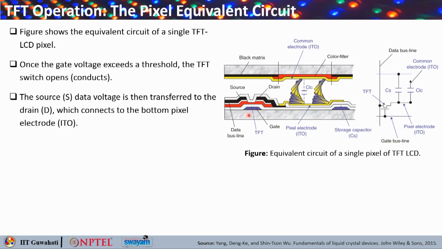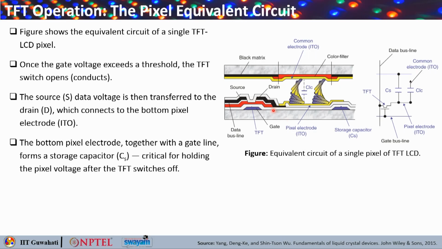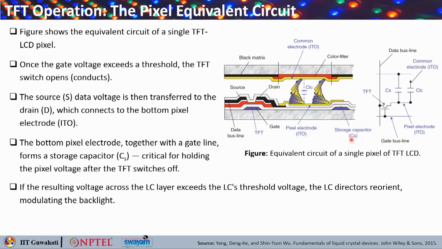So in that case what happens, the source data voltage is then transferred to the drain, which basically connects the bottom pixel electrode, right. So now the bottom pixel electrode together with the gate line basically forms a storage capacitor which is modeled as CS, and that is basically critical for holding the pixel voltage after the TFT switches off, okay.